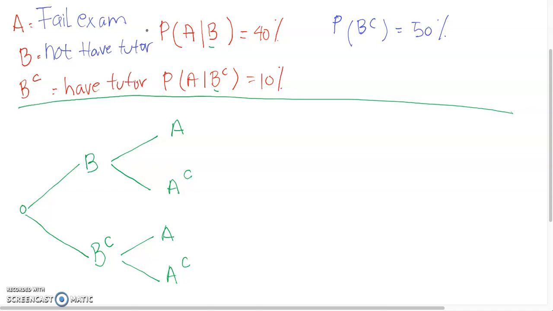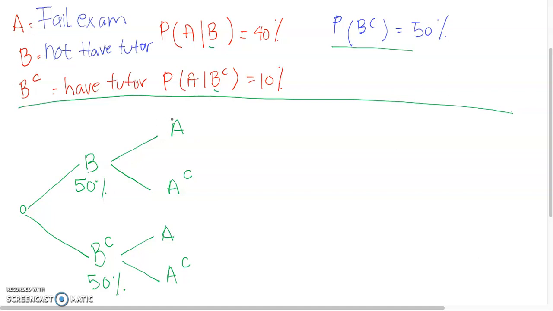Based on the information from the problem, we know that the probability to have a tutor is 50%. So we can write here 50%. If the probability of having a tutor is 50%, then not having a tutor is just 1 minus 50%, that is 50%.